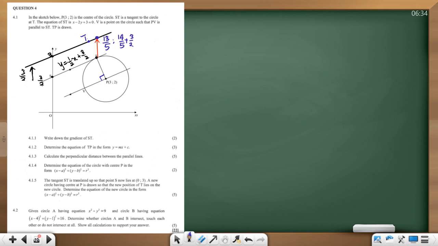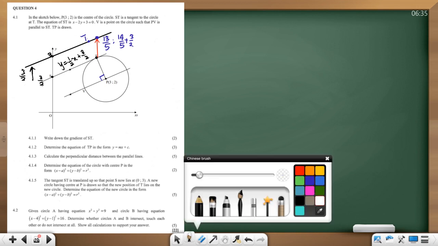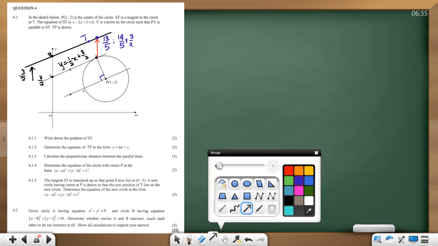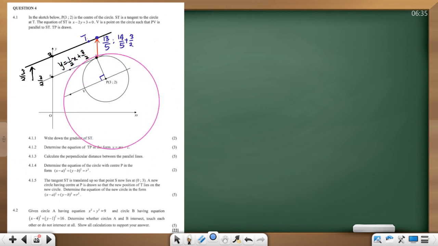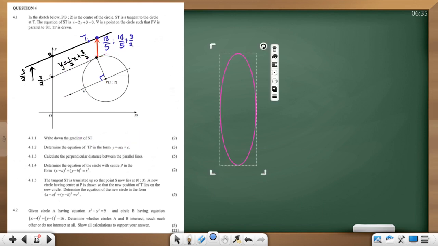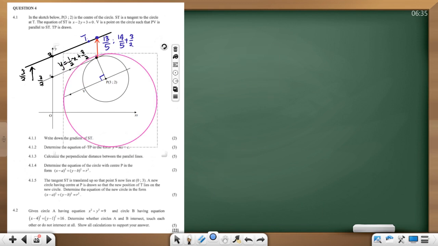All right, determine the equation of the new circle. Since it is still centered at P, okay, so basically, let me make this clear. We have a new circle.